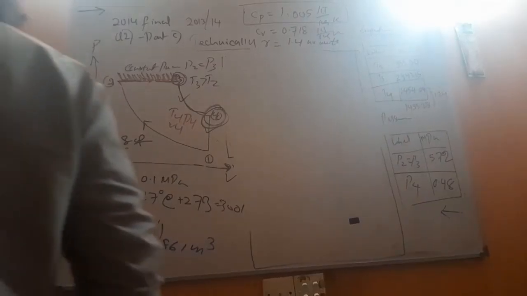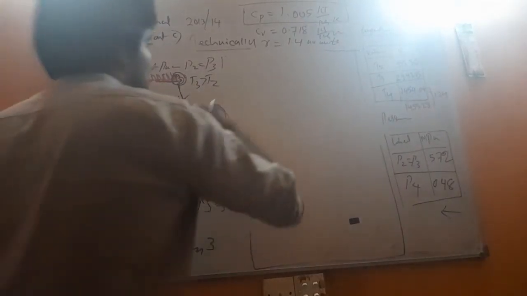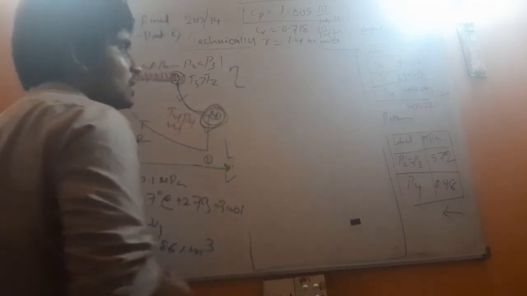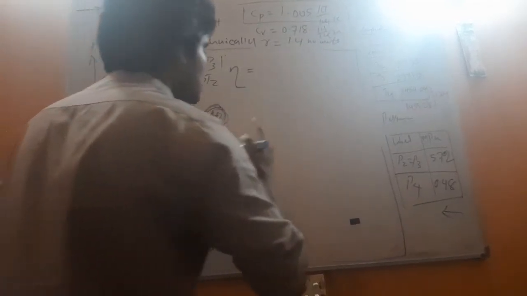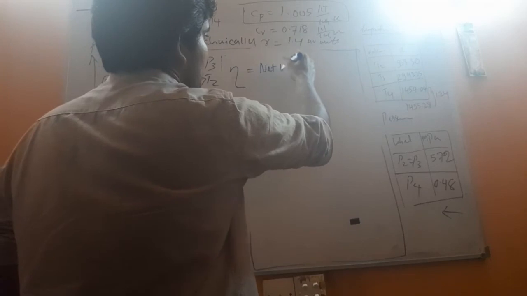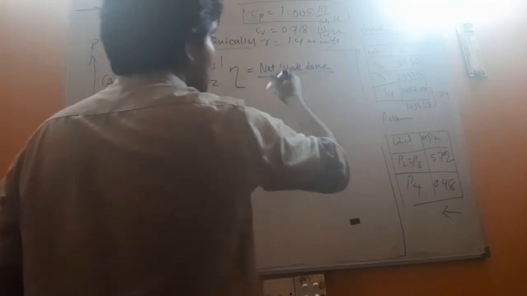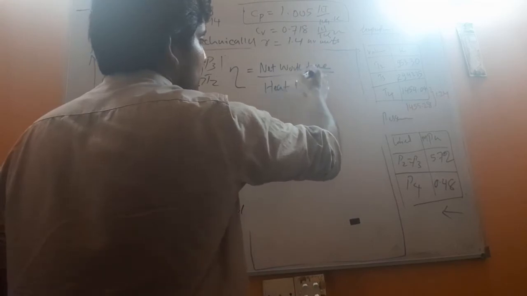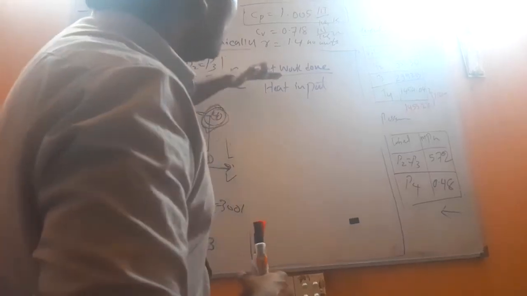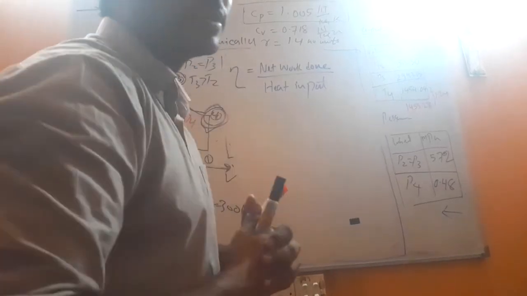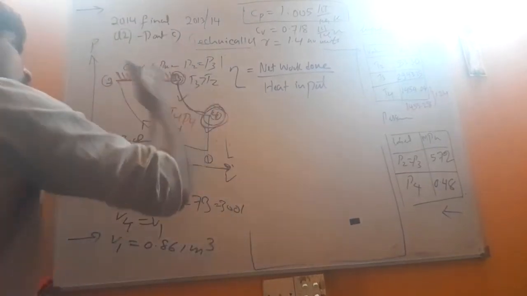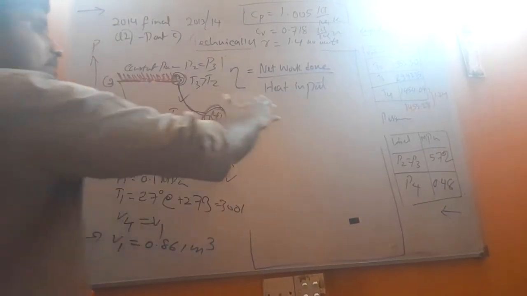Now the last part: what is the cycle efficiency? Cycle efficiency, eta, is the net work done divided by the heat input.